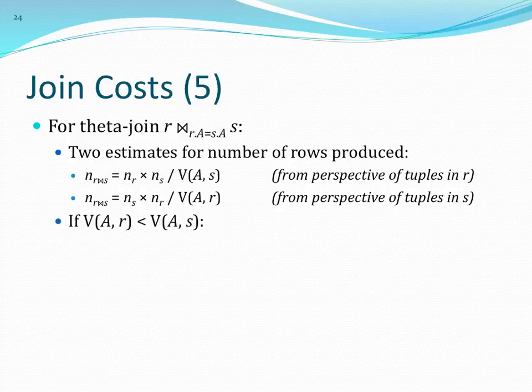Like I say here, the number of distinct values of A in R as compared to the number of distinct values of A in S. If we have fewer distinct values in R, what does that tell us about who's going to govern the join more? Who's going to restrict the number of rows in the theta join more, R or S?